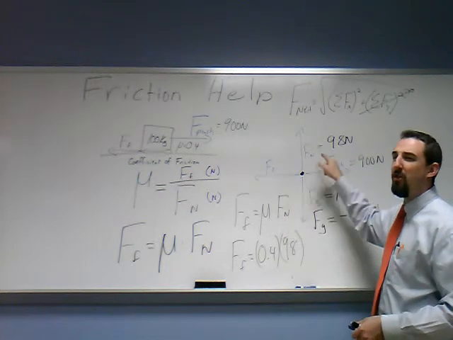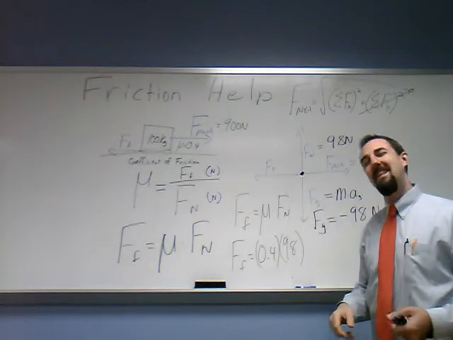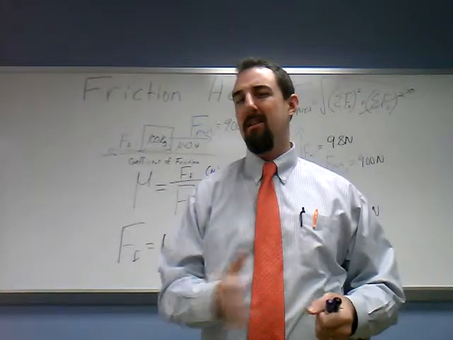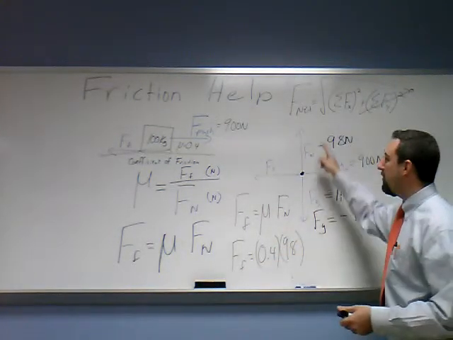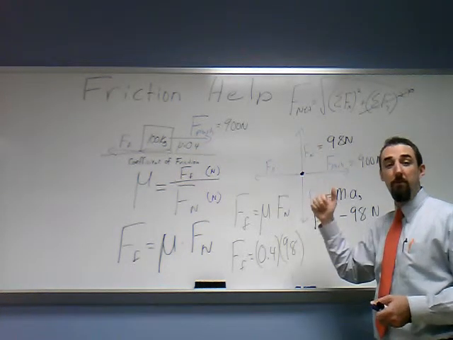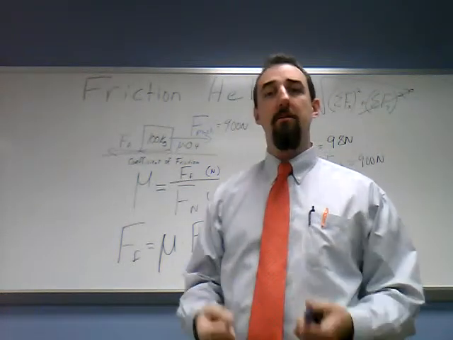If friction was 3 times greater than normal force, it would mean it's actually easier to pick it up than it is to slide it. I would have to lift 98 newtons to lift it up. I would have to push almost 300 newtons to get it to move. So typically, that doesn't happen. Typically, it's easier to slide something than lift it up.